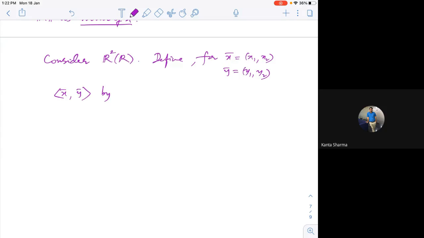We shall define x bar comma y bar by x bar comma y bar is equal to x1 y1 plus x2 y2.